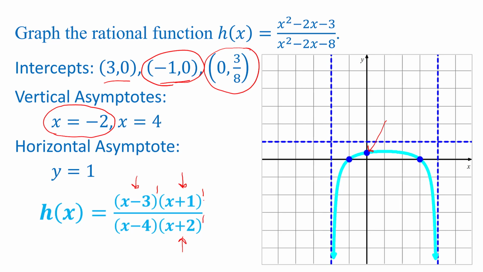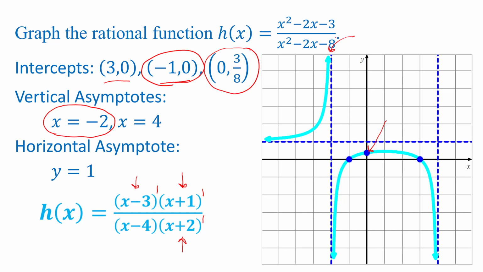Well, we can get similar results with the vertical asymptotes if you note that the function itself is going to change from negative to positive or positive to negative at x equals negative 2. In other words, if to the right of x equals negative 2, my function is approaching negative infinity, then to the left of x equals negative 2, my function will be approaching positive infinity.